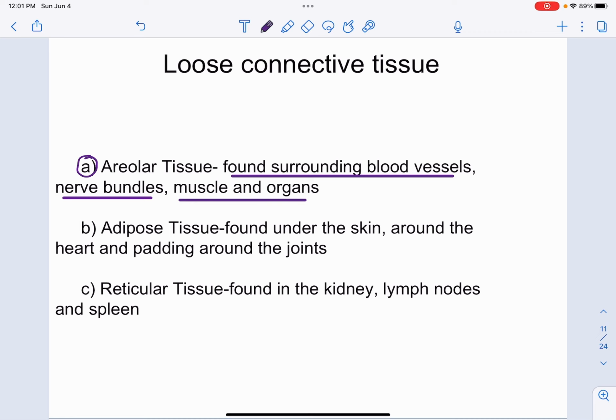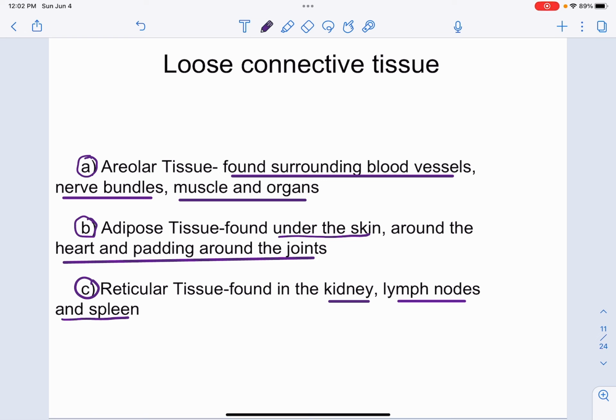The second one is adipose tissue. Adipose tissue, or fat, is found underneath the skin, around the heart, and padding around the joints. And then the third type of loose connective tissue that we're going to look at is called reticular tissue. And this is found in the kidney, lymph nodes, and spleen.